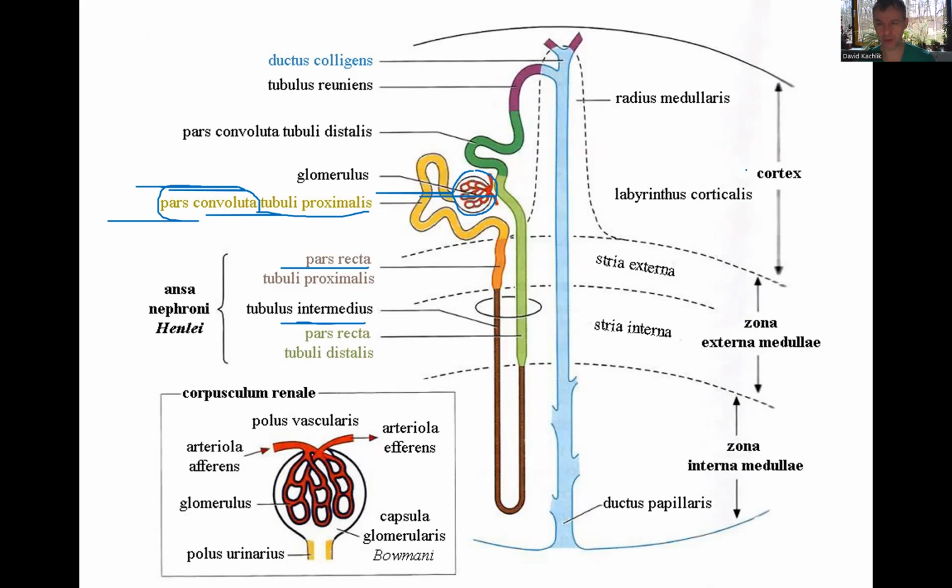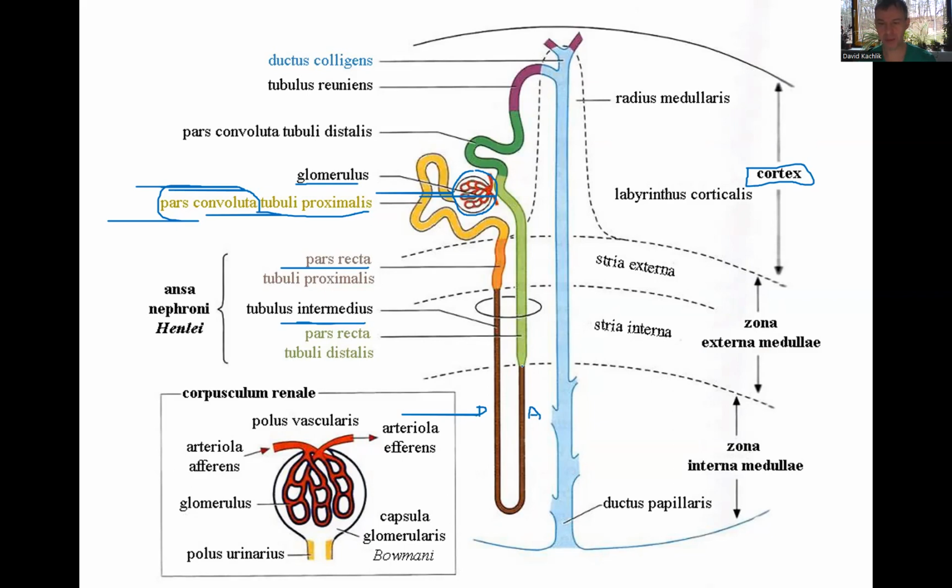So what's located in the cortex? It's only the glomerulus and the convoluted part of the proximal tubule. In the medulla, we have the straight part of the proximal tubule and the whole intermediate tubule. So both descending and ascending limb.